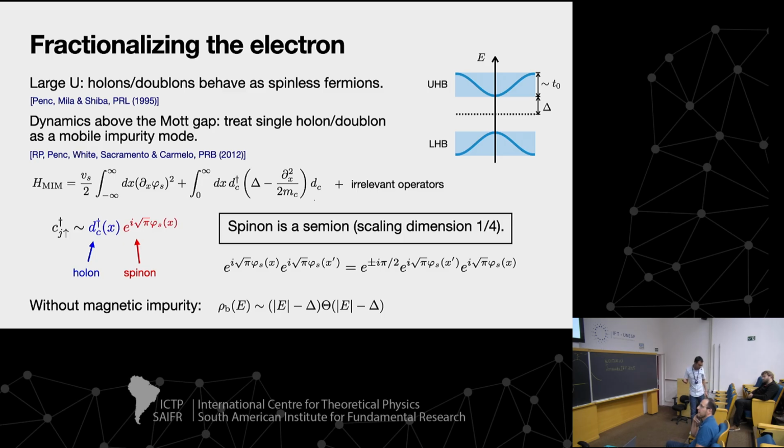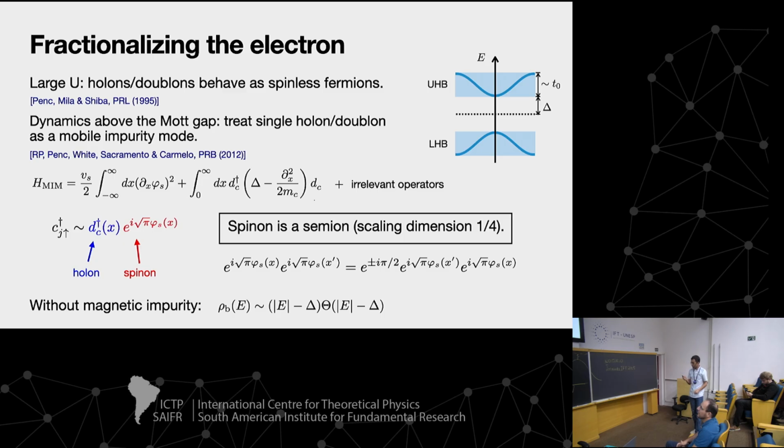And here it's important that the spinon in this theory is not a fermion. It is actually a semion, in the sense that it has scaling dimension 1/4, which controls the statistical phase. In 1D, I cannot carry one particle around another, the way you do in gapped phases in two dimensions, but you can still define a statistical phase by changing the order of the operators along the line.